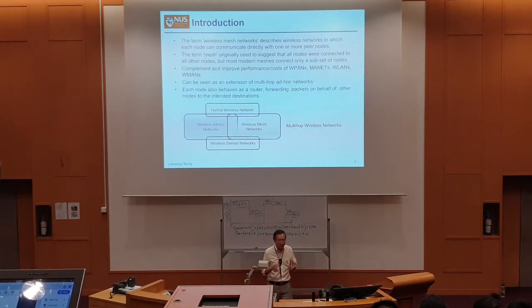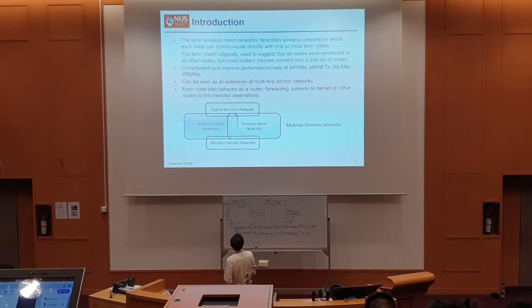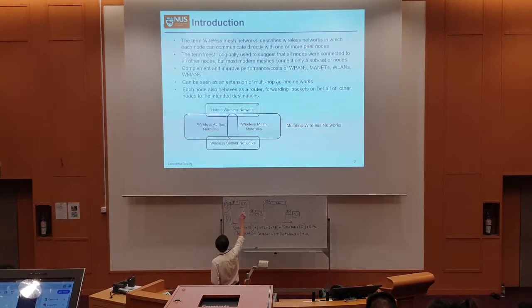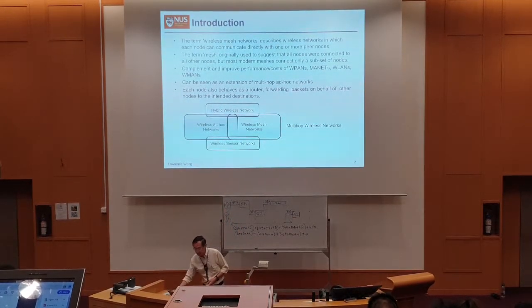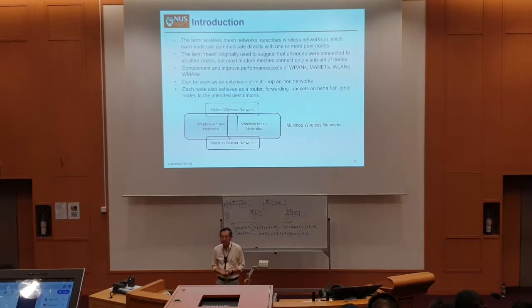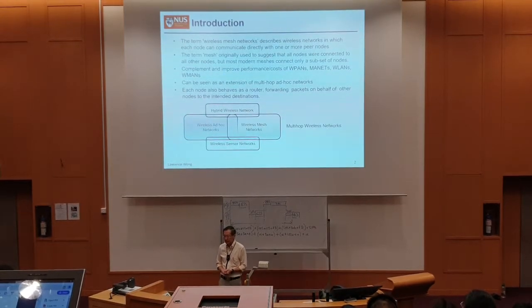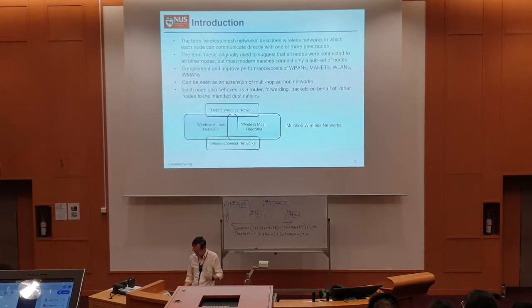Which means the wireless mesh network will have routers or gateways to the internet, whereas an ad hoc network by itself may not have that. Alright? So it's an extension of a multi-hop ad hoc network. Basically the important word is extension. Alright? That gives you connection to the backbone or infrastructure network, which typically will be the internet.